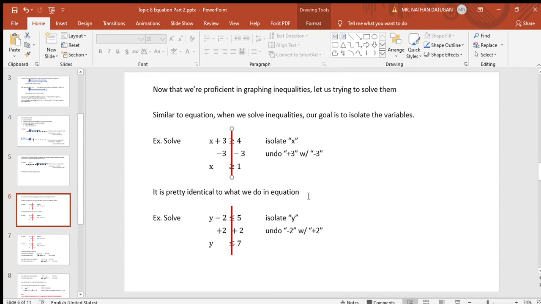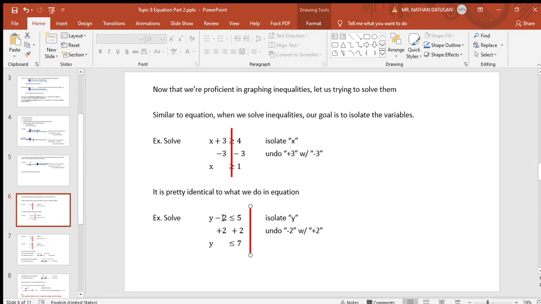Again, it's pretty identical to part 1. So if you know how to do part 1, then you're good with part 2. Most of it. So now let's move on. We have y minus 2 is less than or equal to 5. Our goal is to isolate y, so we have to undo minus 2.